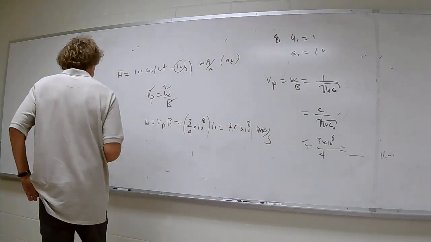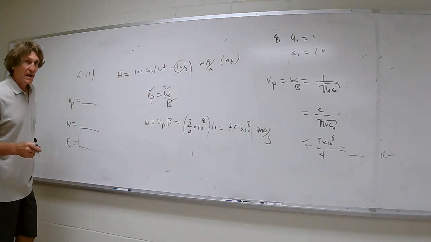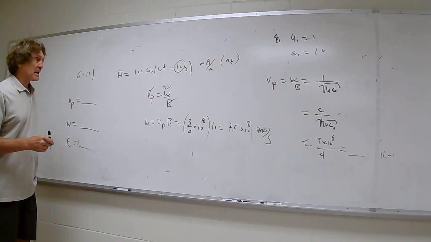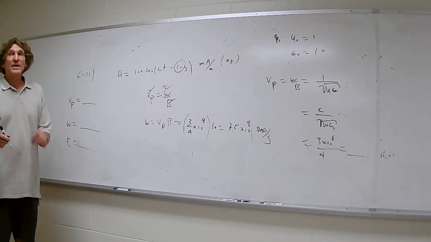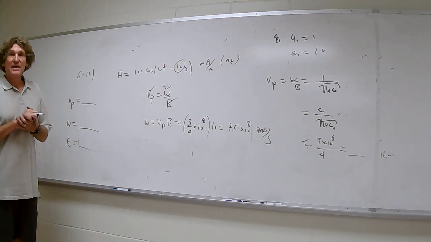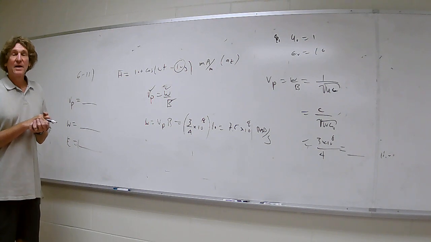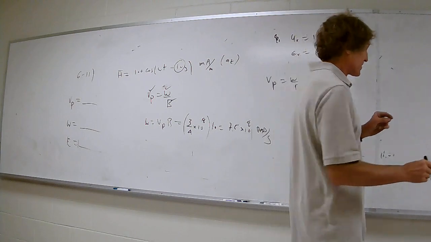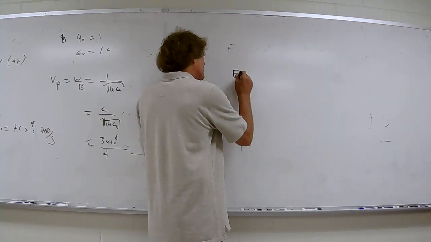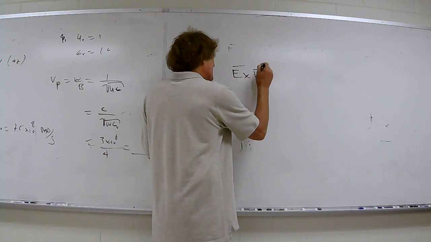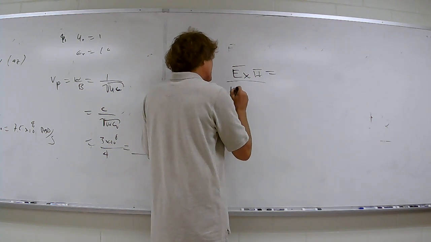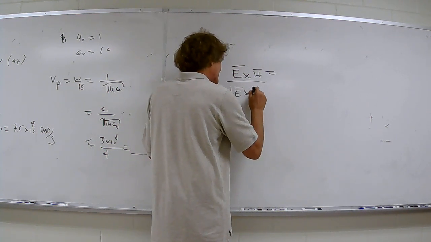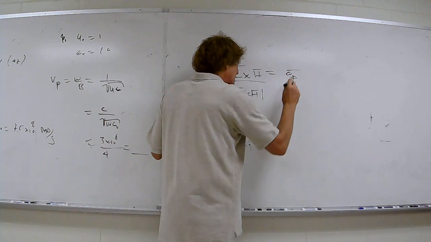Want to take a guess at what E is? First, which way does this wave propagate? I'm going to show you a trick. It's going in the plus Y direction. Now, here's the deal. Remember, E crossed into H divided by the magnitude of E crossed H is really a unit vector in the direction of propagation.